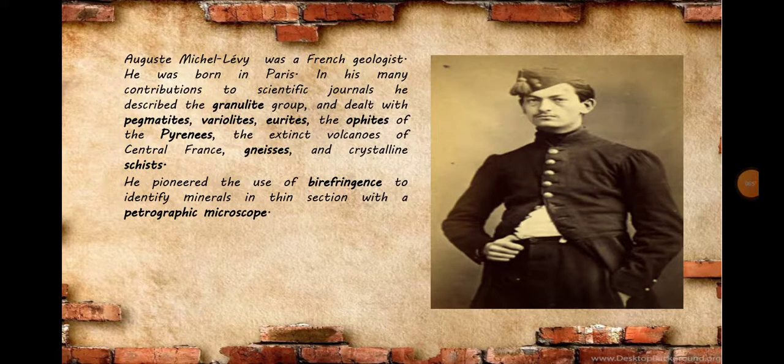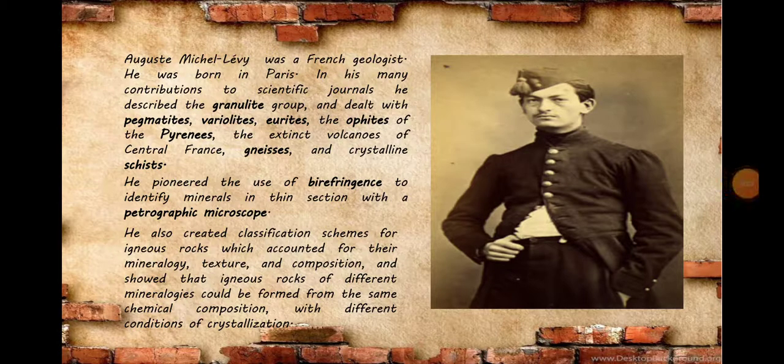He pioneered the use of birefringence to identify minerals in thin section with a petrographic microscope. What do we mean by birefringence? It is manifested as the splitting of light into separate rays traveling at different speeds.